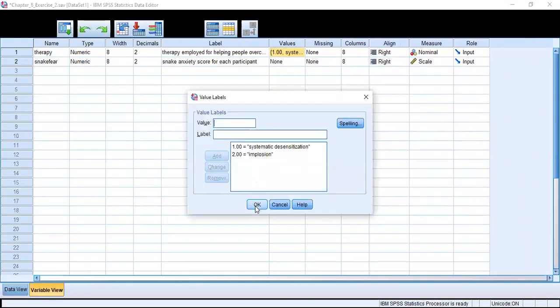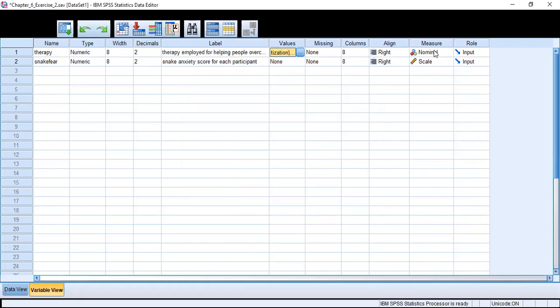Two is implosion, and this is basically a nominal scale because we have got categories of therapies that are being taken up for the people who have got high snake fear. Now coming to snake fear as a variable, it is the level of snake anxiety score for each participant after they have gone through 3 weeks of the therapy.